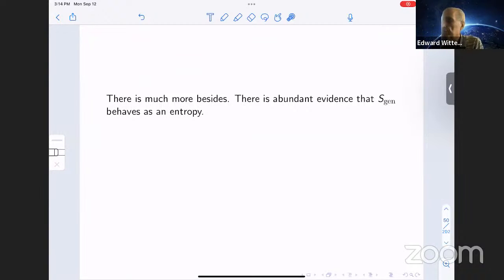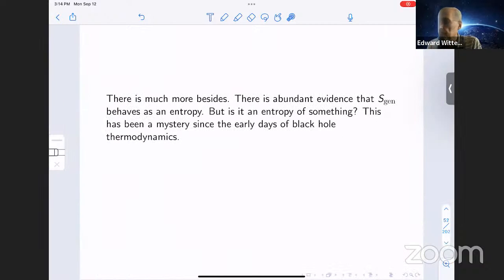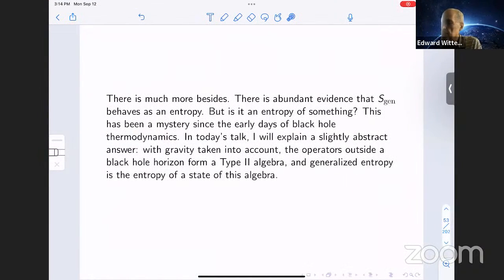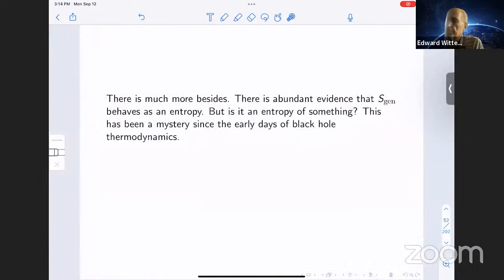So there's abundant evidence that the generalized entropy does behave as an entropy. But is it the entropy of something? That's been a mystery since the early days of black hole thermodynamics. Bekenstein just said, think of A over 4G as an entropy.